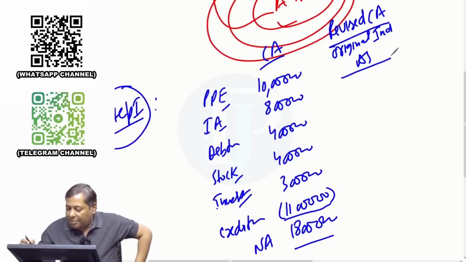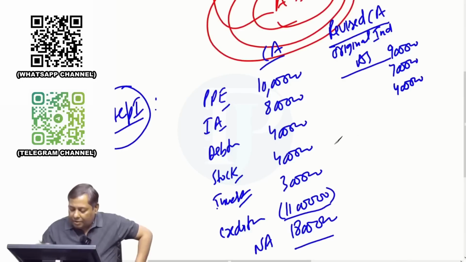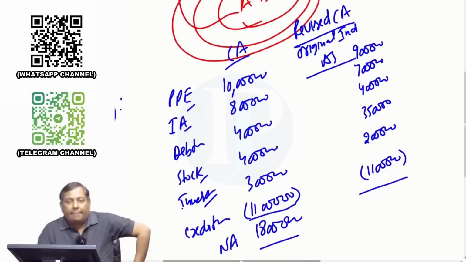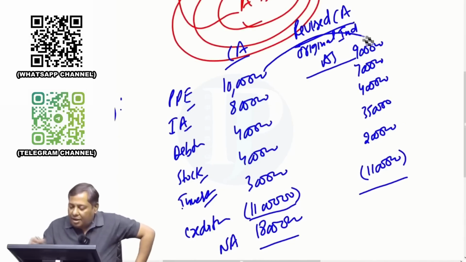So this PPE of 10 lakhs is now 9 lakhs. Assets worth 8 lakhs are 7 lakhs. Debtors worth 4 lakhs are 4 lakhs only. Stock is 3.5. Investments are worth 2 lakhs and creditors are 11 lakhs. This clearly means that here is a loss of rupees 1 lakh as per Ind AS 36.